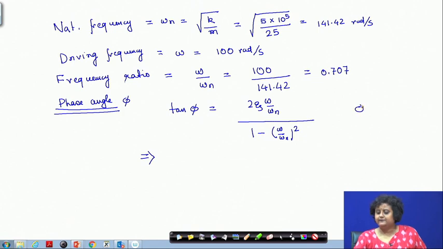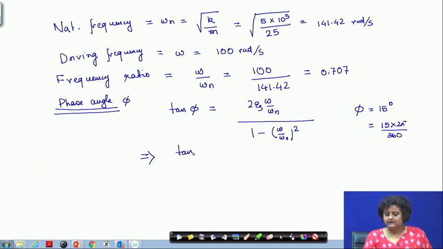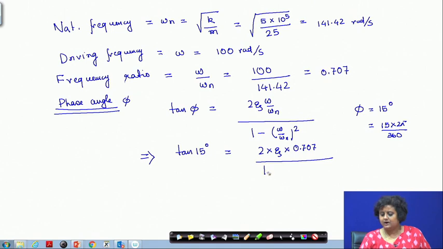Phi is given as 15 degree, which can be converted to radian, which is 15 into 2 pi by 360. The left hand side is tan 15 degree. On the right hand side, I do not know zeta, but I know omega by omega n, which is 0.707, divided by 1 minus 0.707 squared.